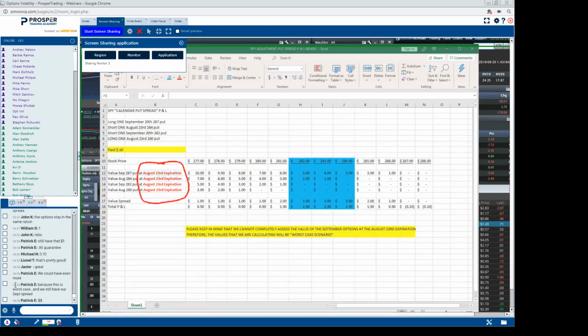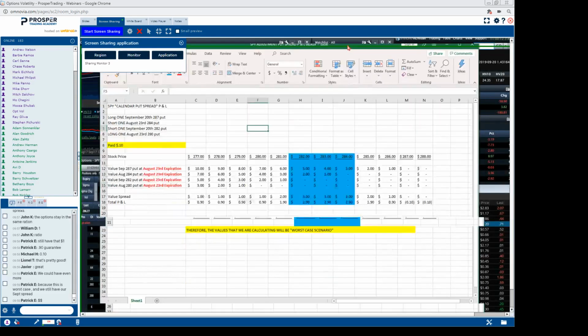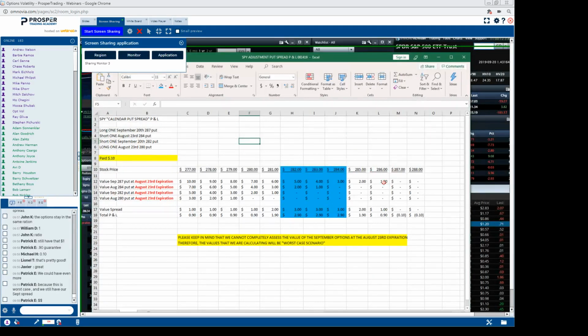So what this really does when you think about it, it allows us to have downside exposure to the market overall through SPY. Okay? And obviously we can see that because right now SPY is trading at 287. Okay? All the way up here.